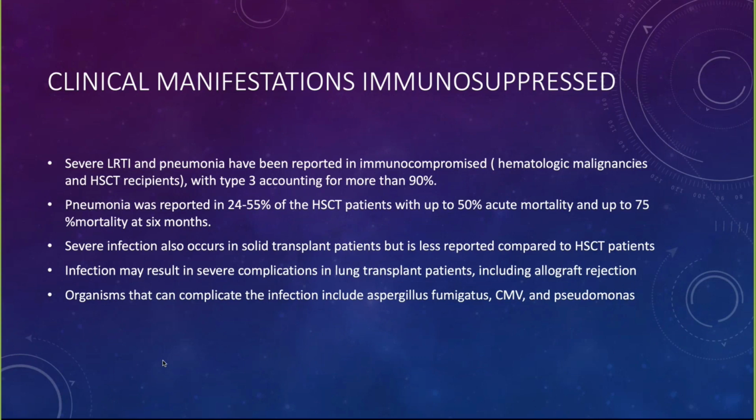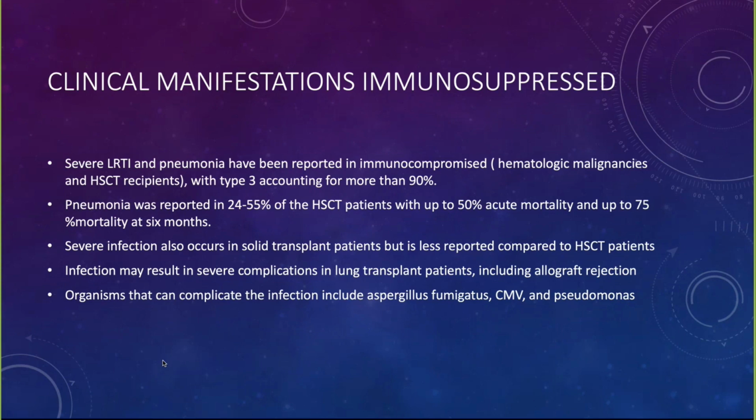In immunosuppressed patients or transplant patients, it can be really severe. It can cause severe lower respiratory tract infection, especially in neutropenic patients and transplants. Type 3, remember, is the one that has a tendency to produce more lower respiratory tract infections.